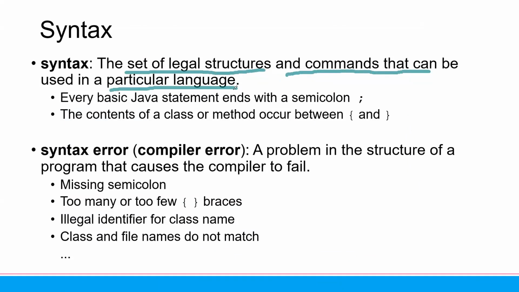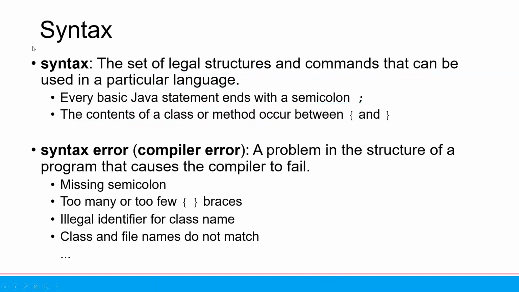In a programming language, they also have structure, the legal structures, like the grammar in English. In a Java statement, you need to end with a semicolon. And the contents of a class or method occur between the curly brackets.